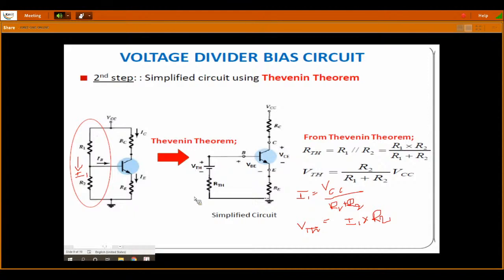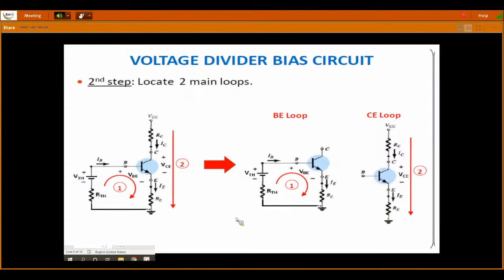We replace this circuit with a single voltage source VThevenin and RThevenin to find the base current, the input current. So in order to simplify the calculation of the base current, we replace this circuitry with a Thevenin equivalent circuit. Right. Next, we'll move to the next slide.